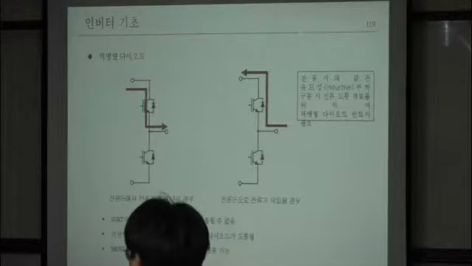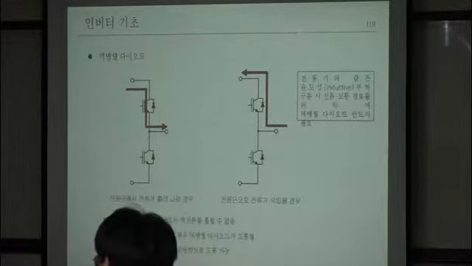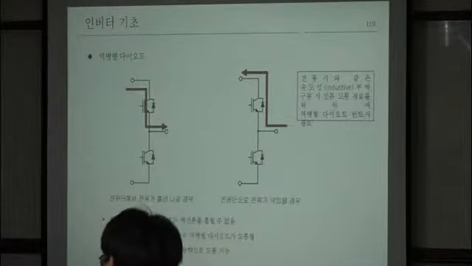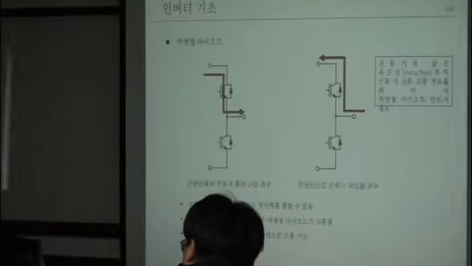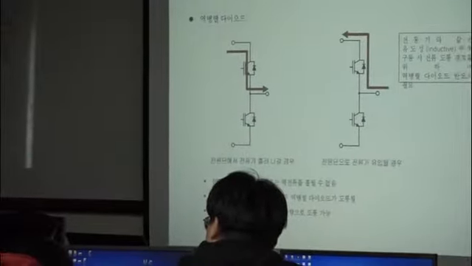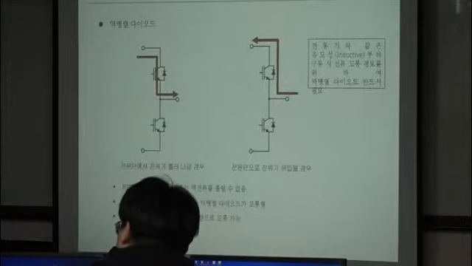The general purpose diode is only suitable for 60 hertz or very low frequency, the fundamental component. To rectify the low fundamental frequency, the general purpose diode is okay. But in high frequency operation, if you have the GP diode, your power stage will see a lot of heat. Then finally your switch will fail.